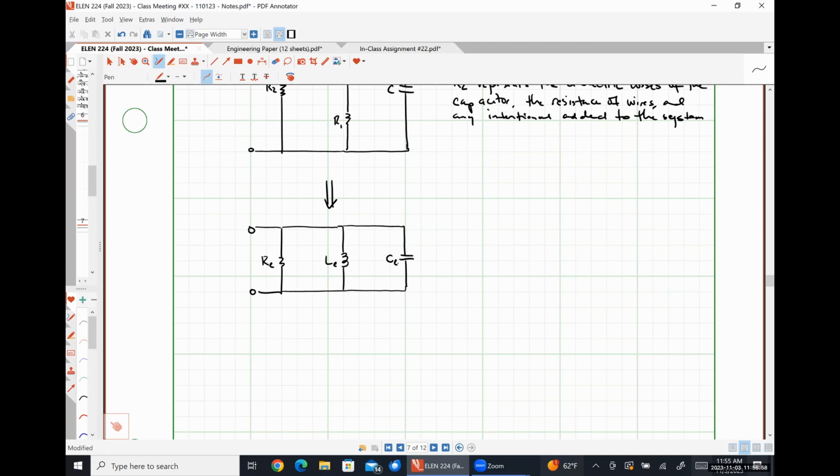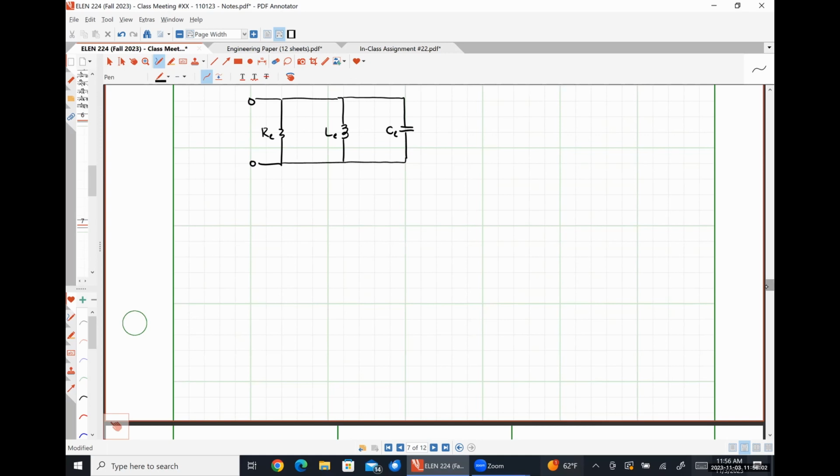So consider the two networks shown here. I'm drawing a line here to let us know that we're now working on how to get from that first representation to that second representation.